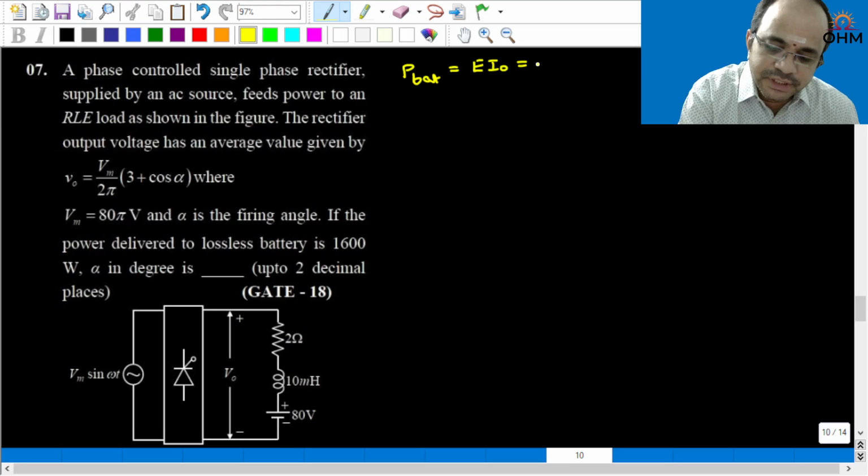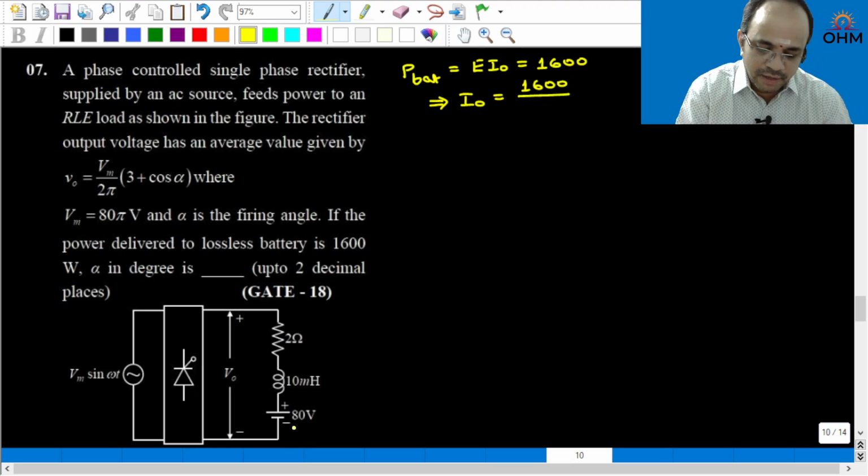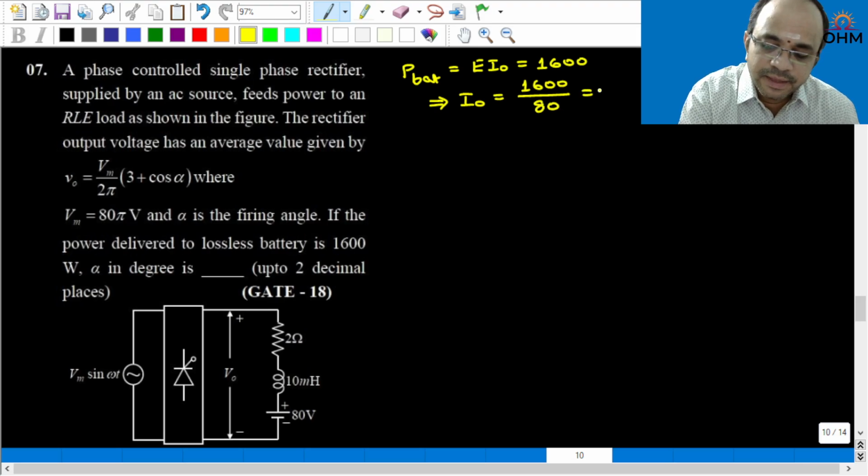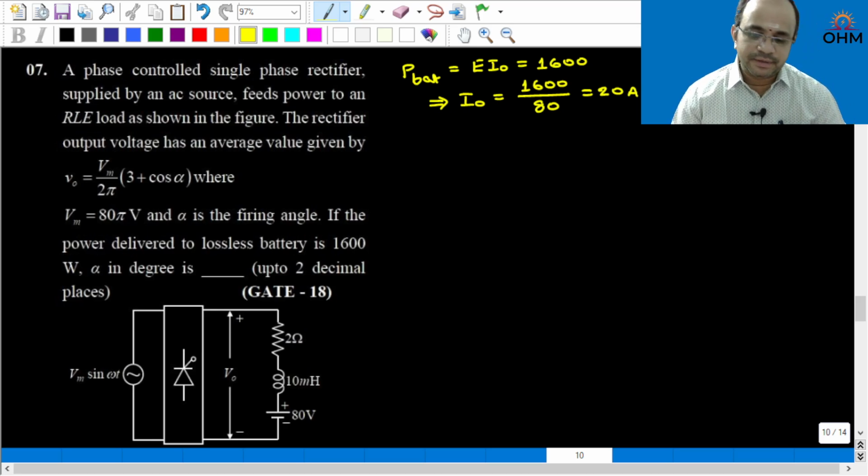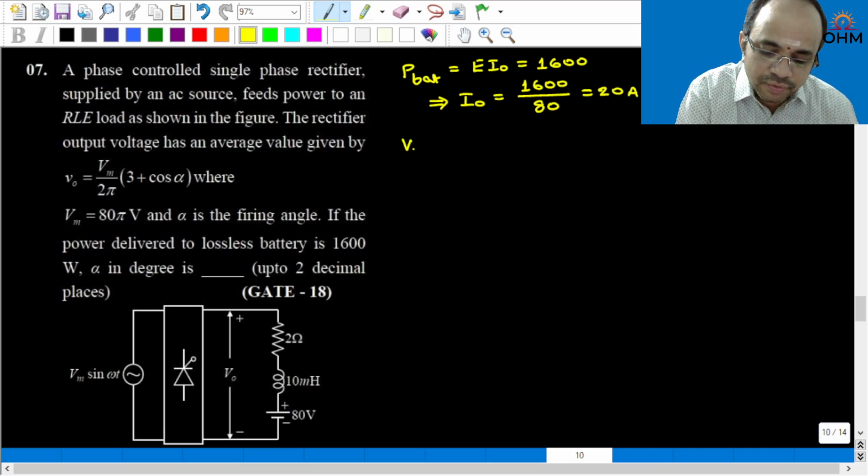Okay, so this value is given as 1600, therefore I naught is equal to 1600 divided by, now see here, the battery voltage is given as 80, therefore I naught value is equal to 20 ampere. That is what we calculated, right? Next, this I naught value we can use to find the average output voltage.